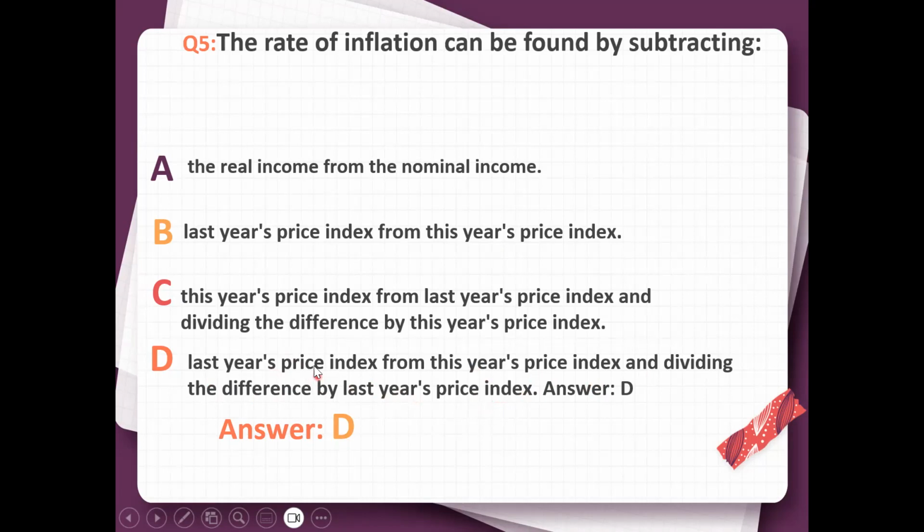This is a true answer. This is how we can calculate the inflation rate by subtracting the CPI of last year from this year's: CPI 2 minus CPI 1 divided by CPI 1.